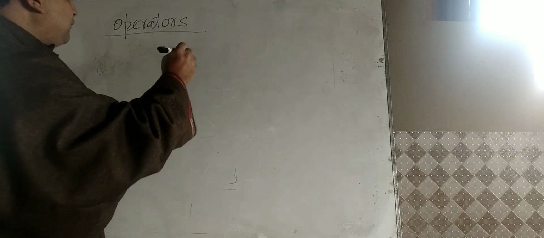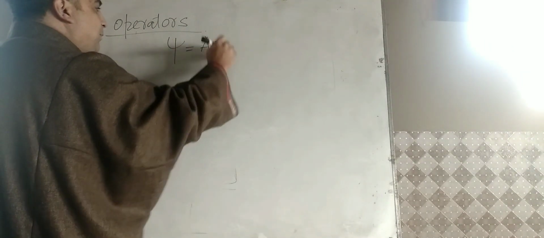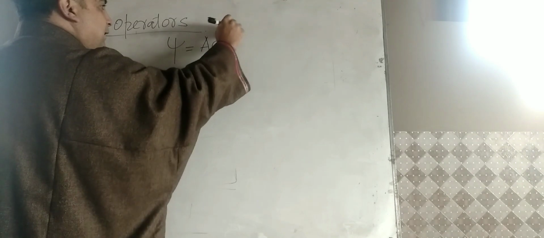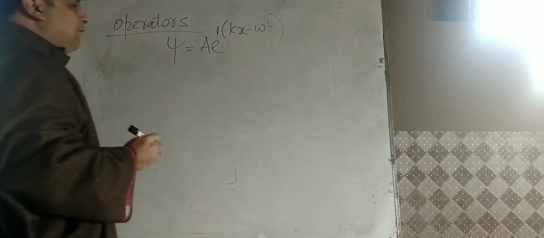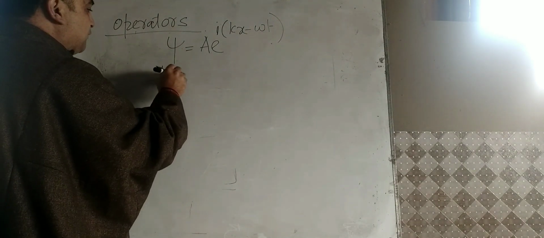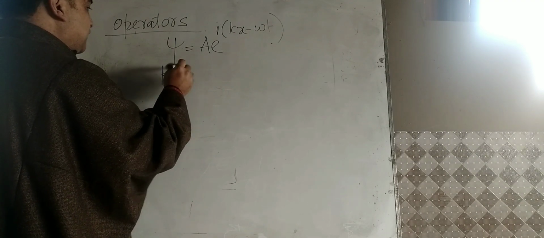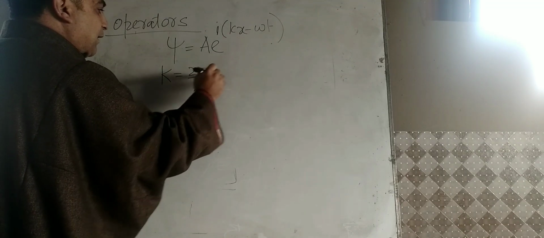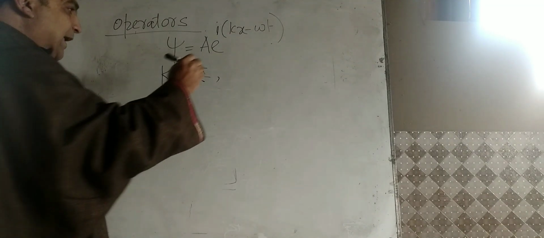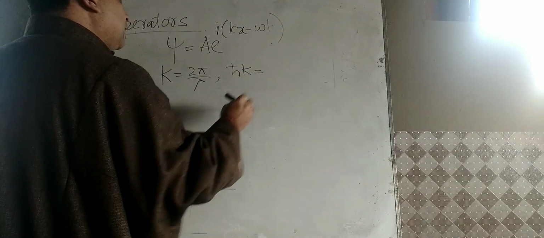If we go back to the wave function psi, it is A e to the power of i(kx minus omega t), where k is the propagation vector and its value is 2 pi by lambda, and we know that h bar k comes out to be momentum.